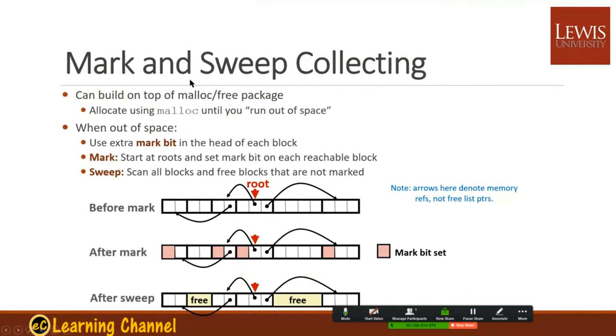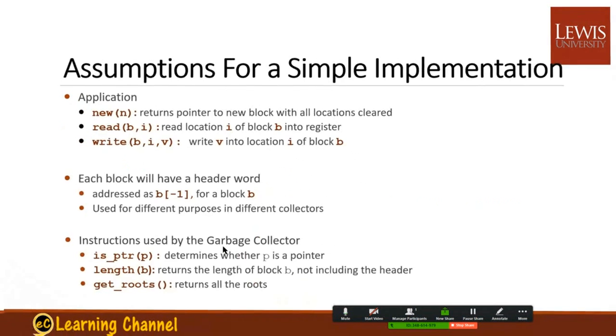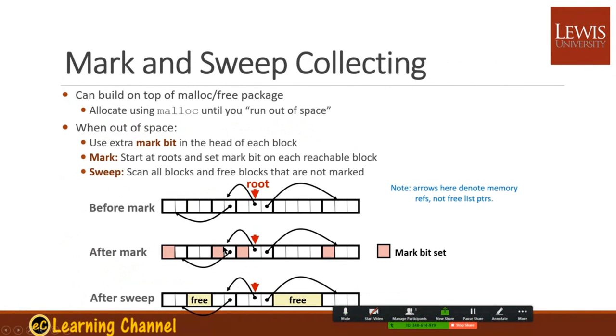So here is a mark and sweep collector. Each time you start from one pointer and then check every pointer to see if there are some nodes that have never been accessed. So you will know that those are related to garbage.